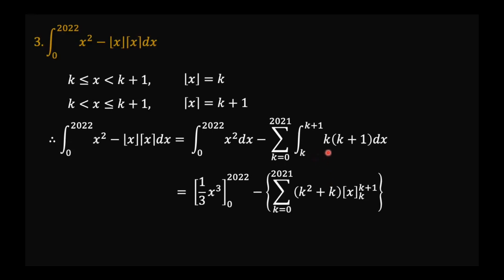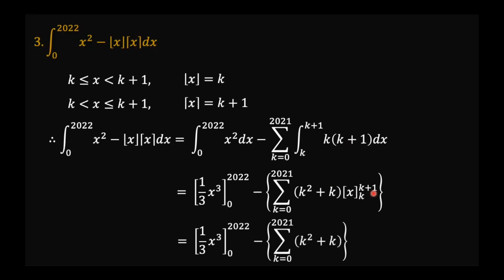And since we're integrating stepwise, and these are constants, we have x over the interval k to k plus 1. So eventually, we are reduced to the integral of x squared minus the summation of k squared plus k from k equals 0 to 2021.